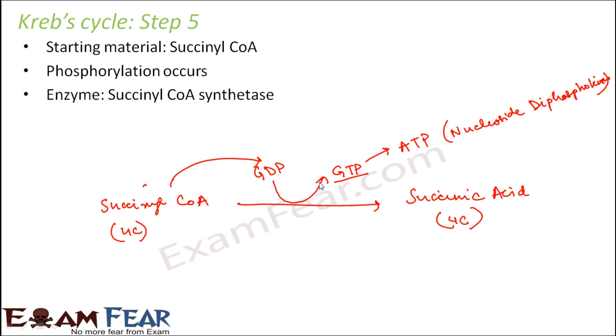So basically production of GTP in this step is also crucial because it is causing to synthesize ATP. So the products formed are succinic acid or succinate and GTP, that is guanosine triphosphate. So now we have reached till succinic acid, which is a 4-carbon compound.